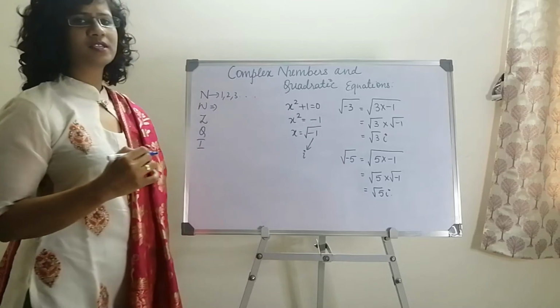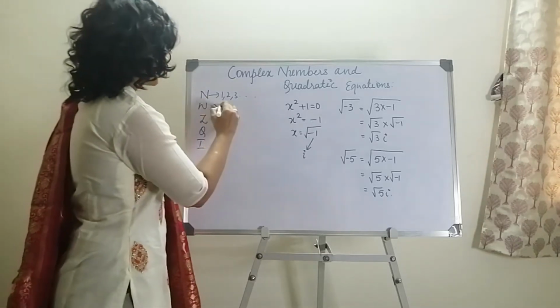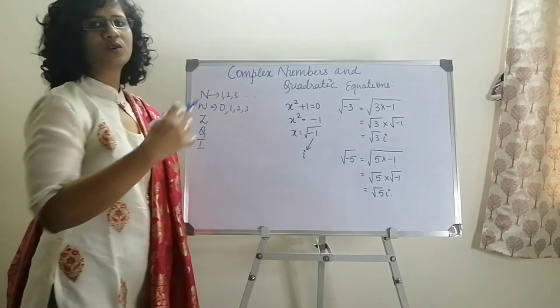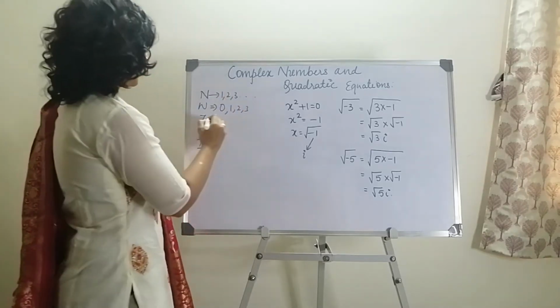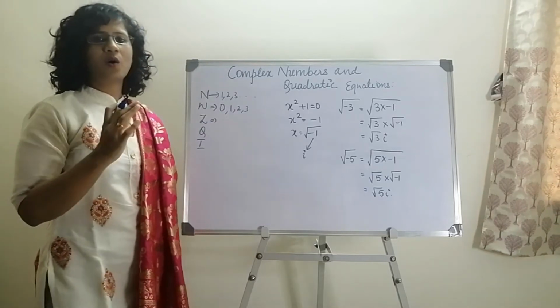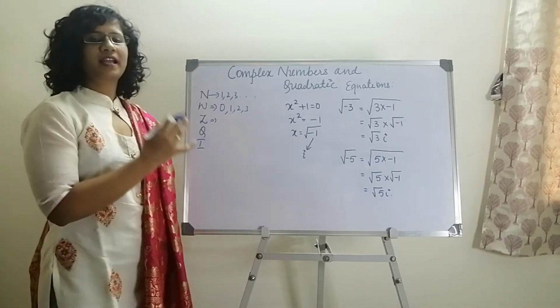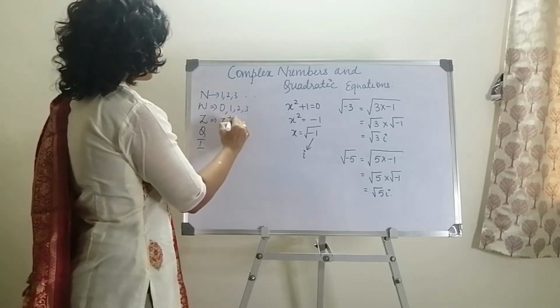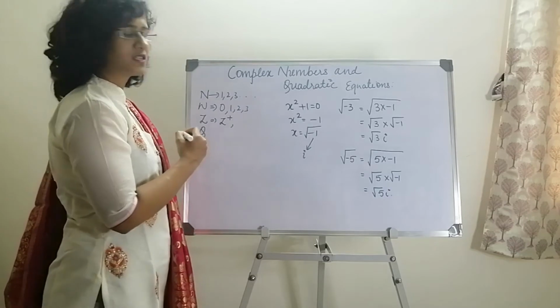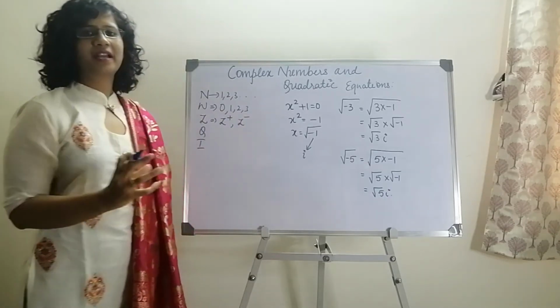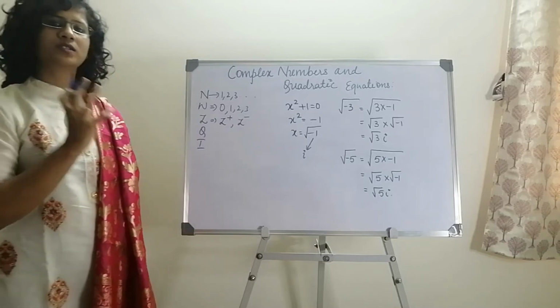Similarly, whole numbers are the numbers in which I include a 0, and all the rest continue with my countable numbers. Integers, I have to remember my number line. All my positive numbers, negative numbers along with a 0. But in my integers, I will also include 0.